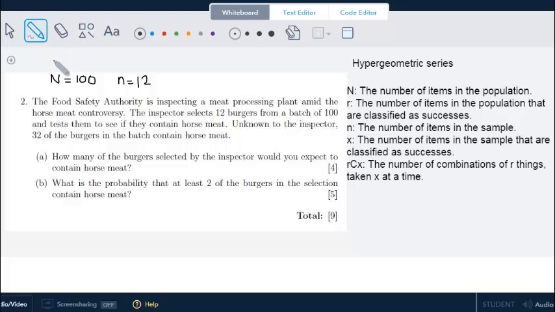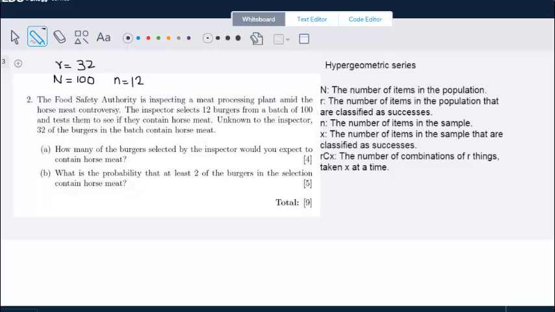And r, the number of items in the population that we classified as success, that is the horse meat in our case, is equal to 32, because 32 of the burgers in the batch contain horse meat.